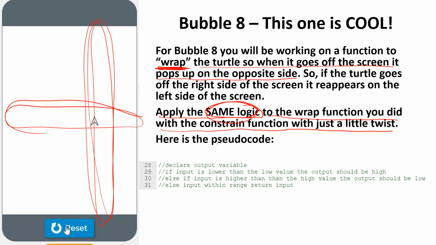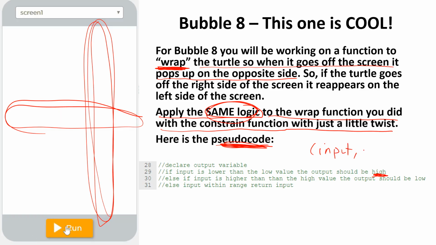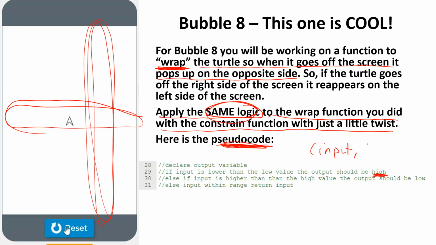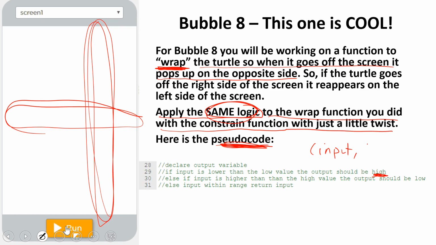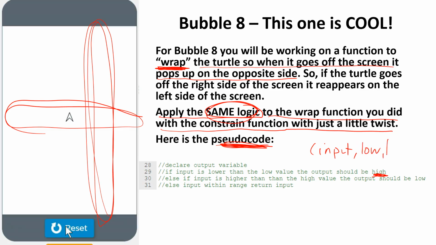Okay, so here's the pseudocode that I put together that hopefully will help you out. If the input is lower than the low value, the output should be high. Remember, we're still using input, low, and high for the constrain function.